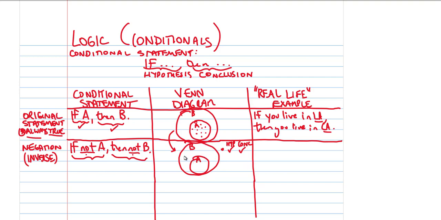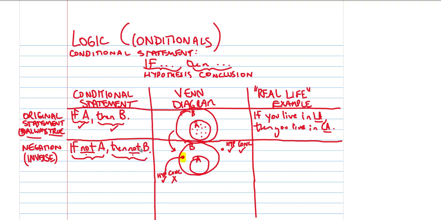However, if we choose, for instance, this person right here, and I'm going to highlight that person because that person's the important one here. Notice that that person satisfies the hypothesis. That person is not an A, outside of the A circle, but that person contradicts the conclusion. That person actually is a B. We wanted the conclusion to be then not B.